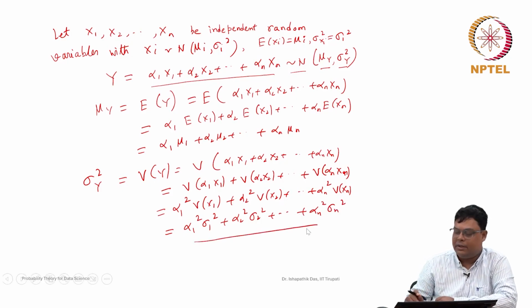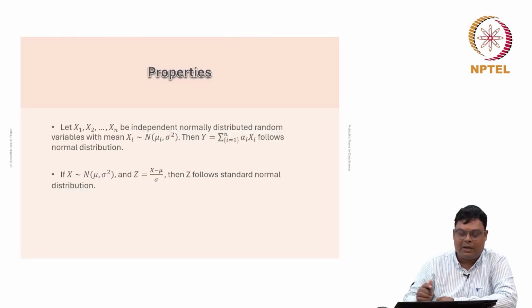This is a general property. Next, it is very important: the next property is that if x is normal with mean mu and variance sigma square, and you take the transformation z equal to x minus mu divided by sigma, then z follows a standard normal distribution. That means the expected value of z is 0 and the variance of z is 1, so z is normal 0, 1.